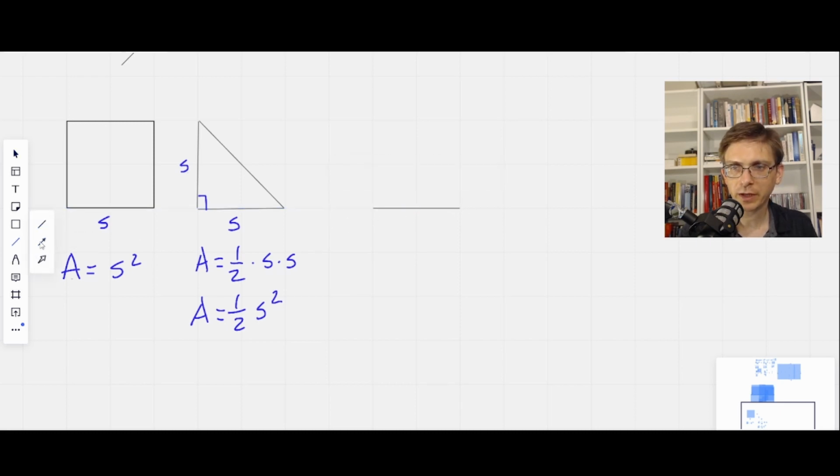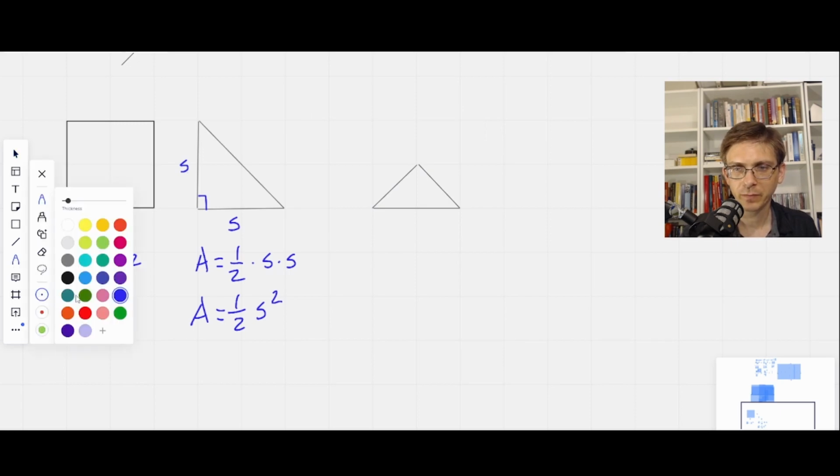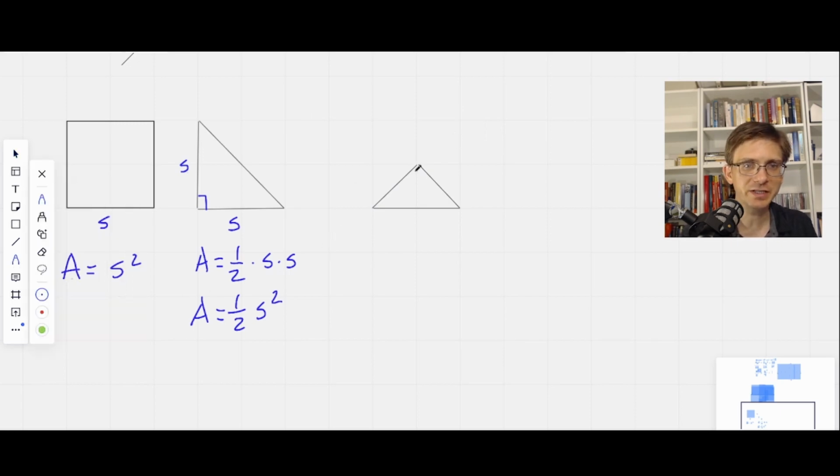So let's draw that out. And here we'll still be able to find the area of this, even though it may not look like we'll be able to. But because this is an isosceles right triangle, we get some properties of the triangle that make things really nice.